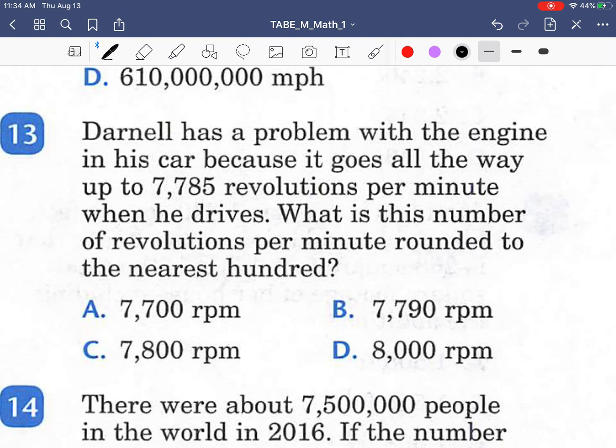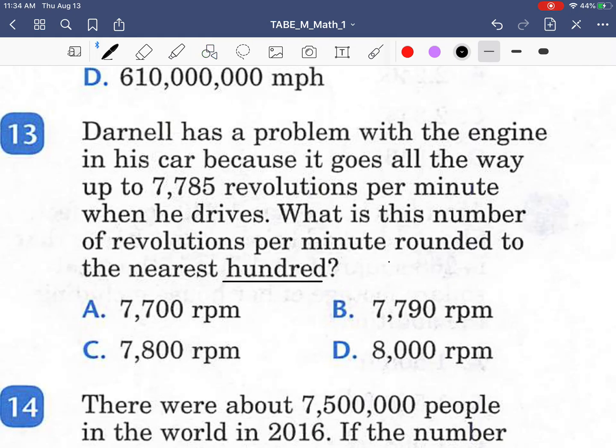Number 13. Darnell has a problem with the engine in his car because it goes all the way up to 7,785 revolutions per minute when he drives. What is this number of revolutions per minute rounded to the nearest hundred? The device in the car that measures this is called the tachometer, and this is very high for most cars. Point of reference is 100.